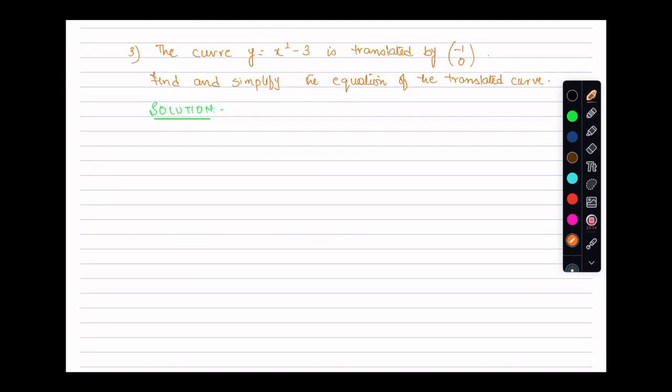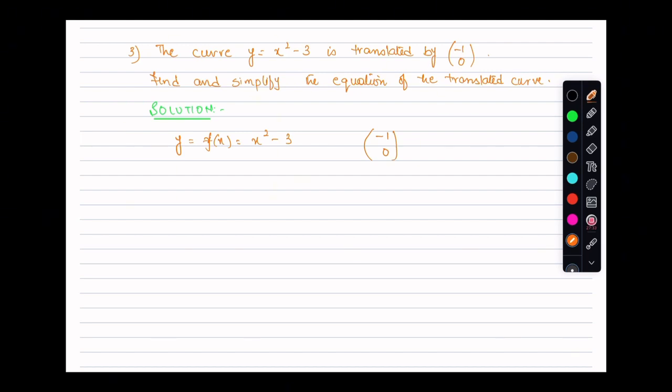The third question says the curve y equals x squared minus 3 is translated by (-1, 0). So the function here is f(x) equals x squared minus 3, and the translation vector given to us is (-1, 0).